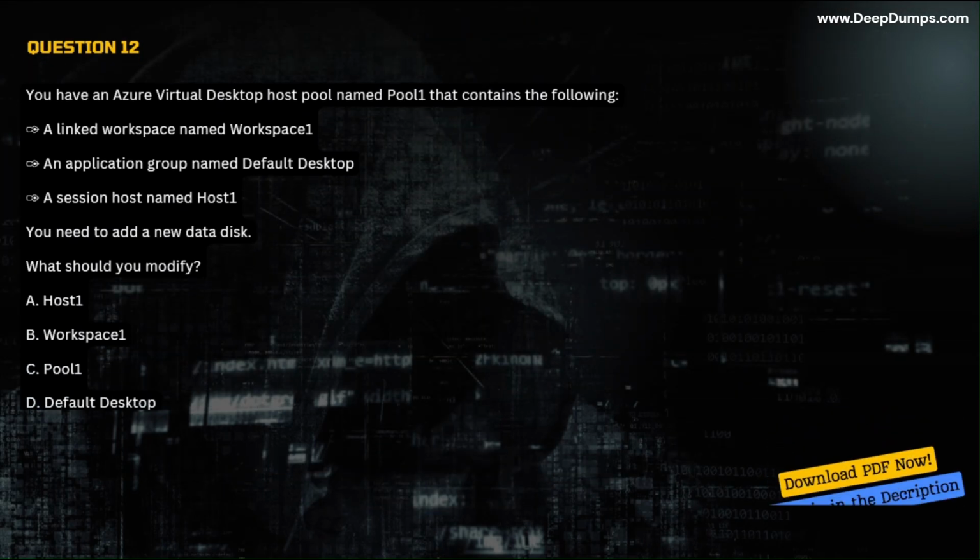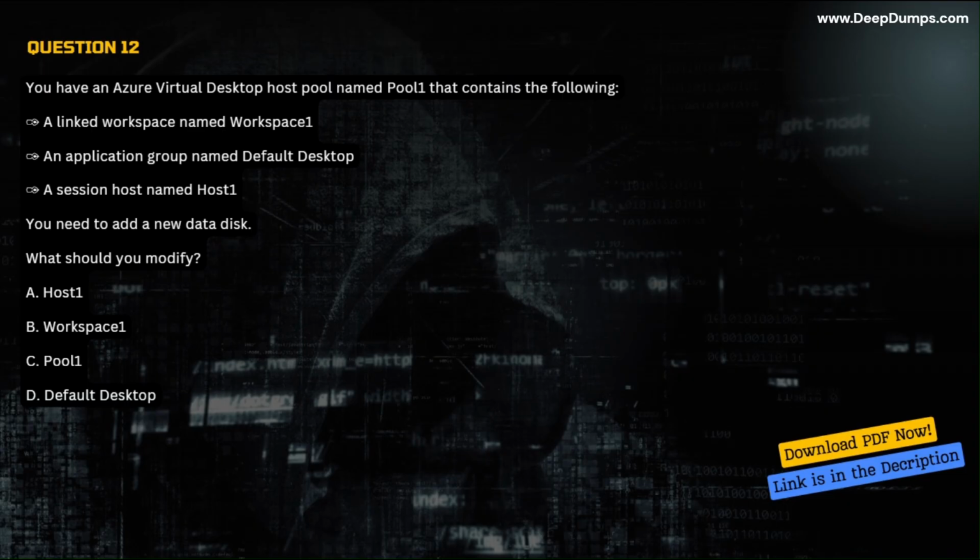Question 12. You have an Azure Virtual Desktop host pool named Pool1 that contains the following: a linked workspace named Workspace1, an application group named Default Desktop, a session host named Host1. You need to add a new data disk. What should you modify?